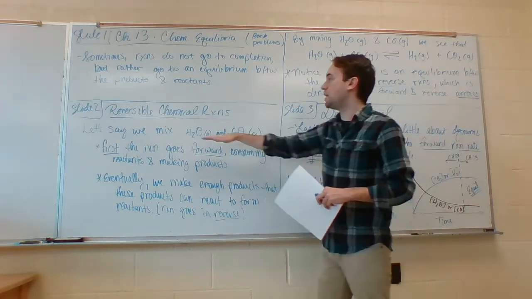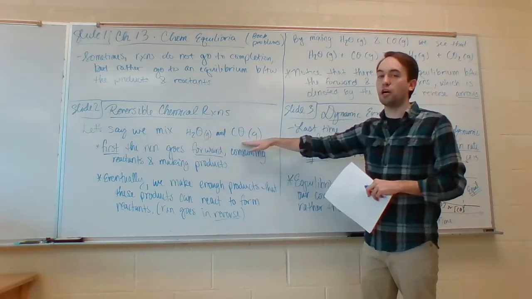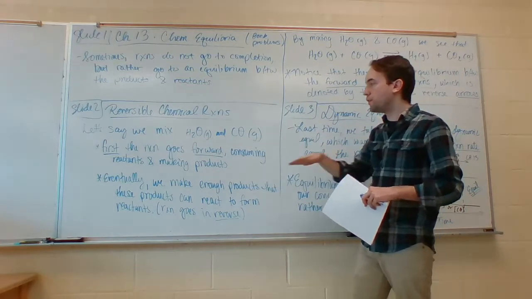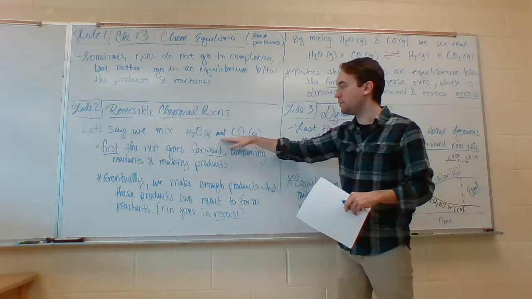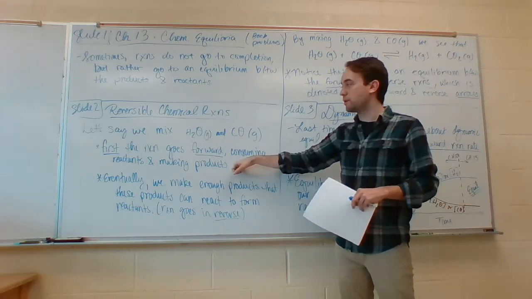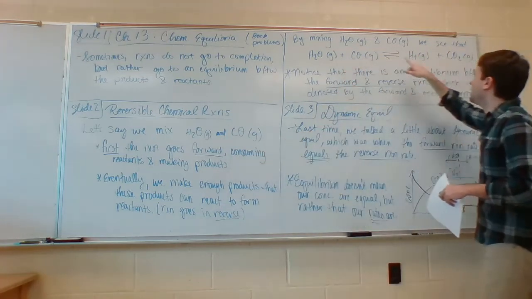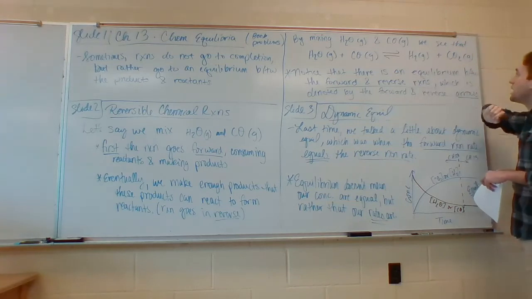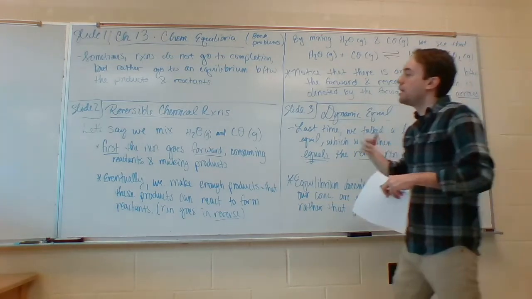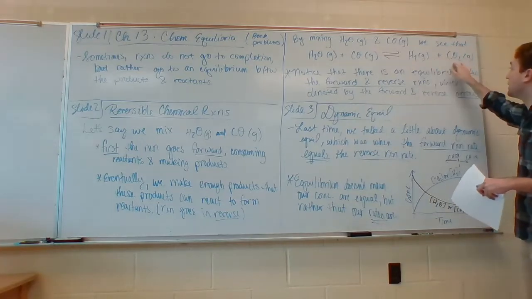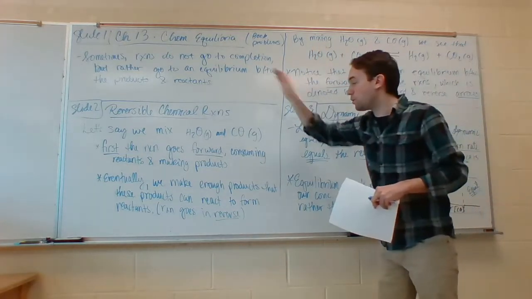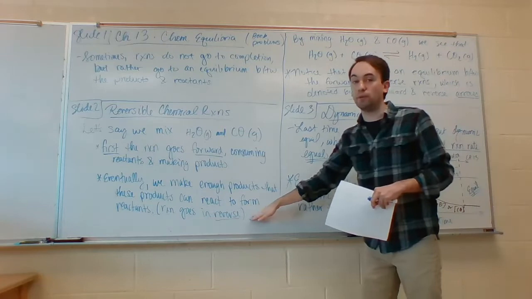So let's say that we mix H2O gas and carbon monoxide gas. First, the reaction is going to go forward, consuming those reactants that we put in, and it's going to make products. The products that we end up with are H2 gas and CO2 gas. Now, eventually, we're going to make enough of those products, the H2 and the CO2, that they're going to want to go backwards, and the reaction is going to go in reverse.